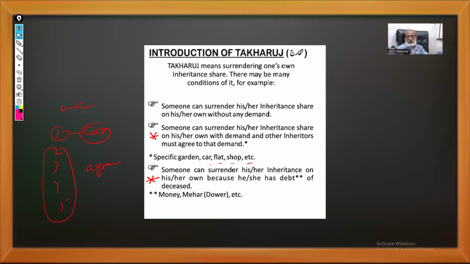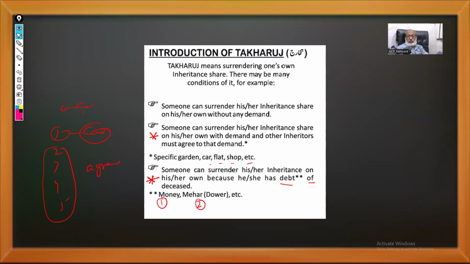And this is another special case. Someone can surrender his or her inheritance on his or her own because she or he has a debt or of the deceased. And in the debt, we have two components, money or the meher, dowry.